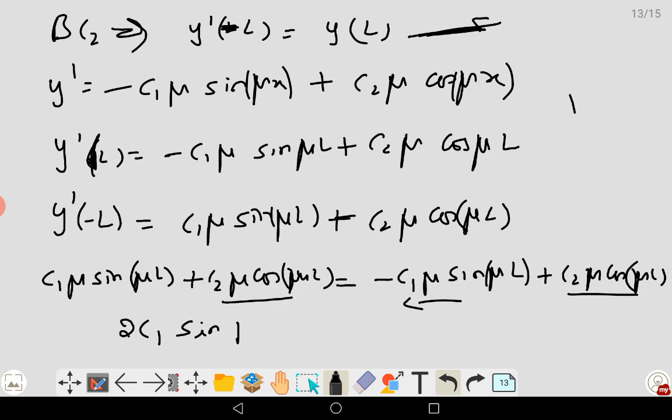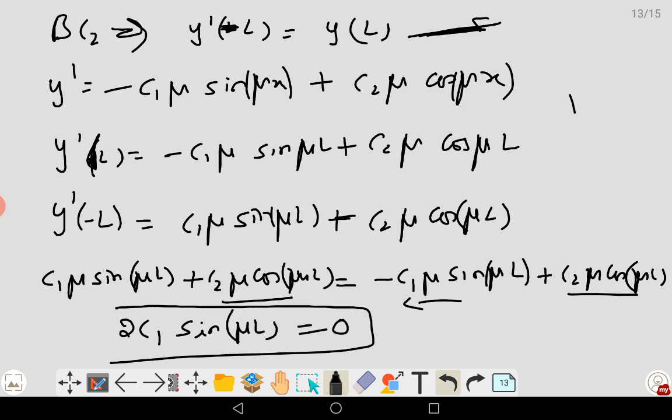When you take this one to the left side, you will get 2 C1 sin mu L equal to 0, isn't it?